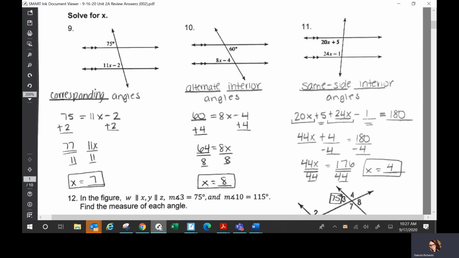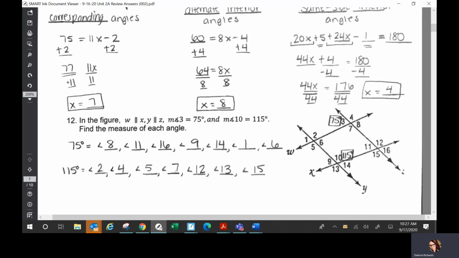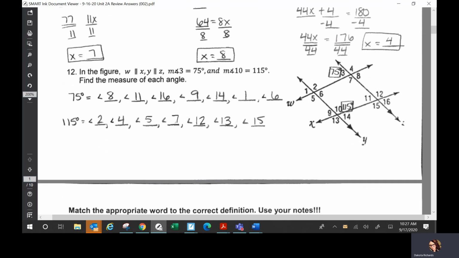Number 12, there is a mistake here. I need to fix it. It's just what I told you about yesterday. So on number 12, this should say 105. So this is 105.